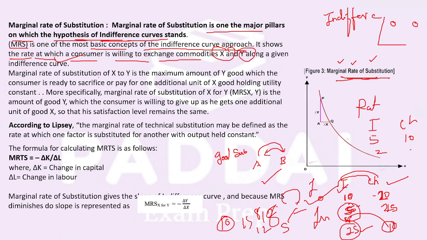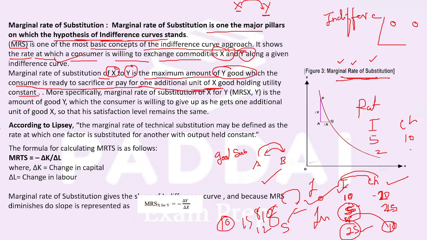So now marginal substitution of X to Y. There are two products, X and Y. X to Y means how much X is replacing Y. It is the maximum amount of Y good which the consumer is ready to sacrifice or pay for an additional unit of X good, holding the utility constant.